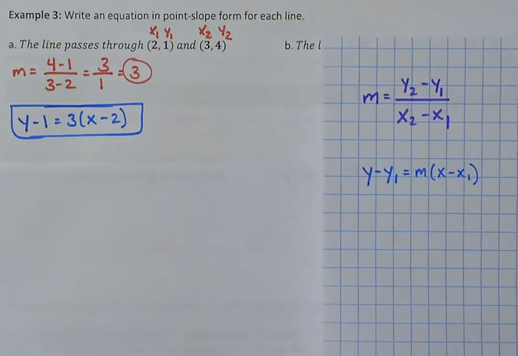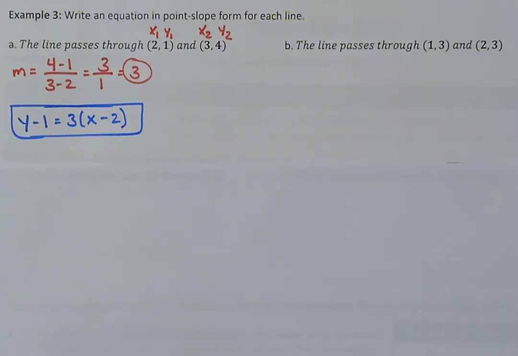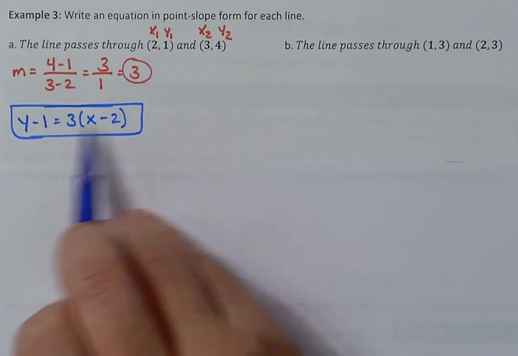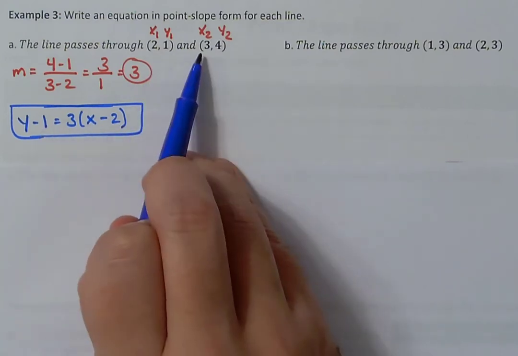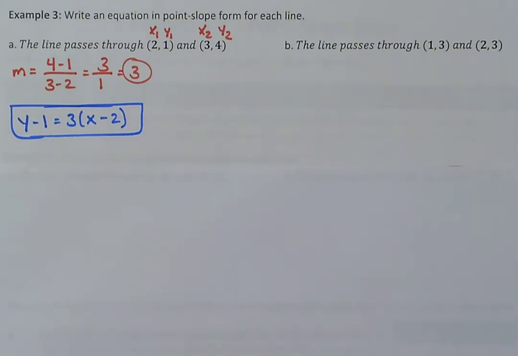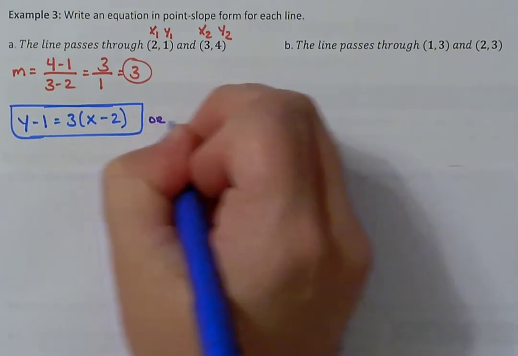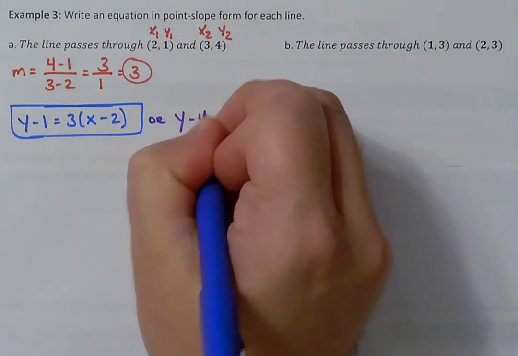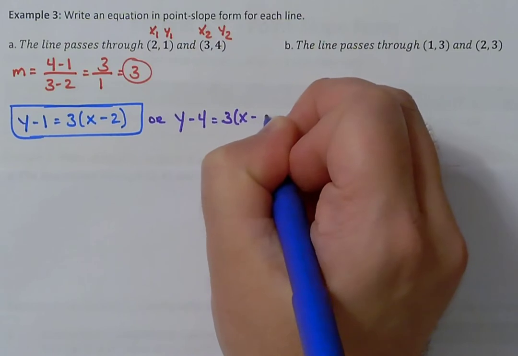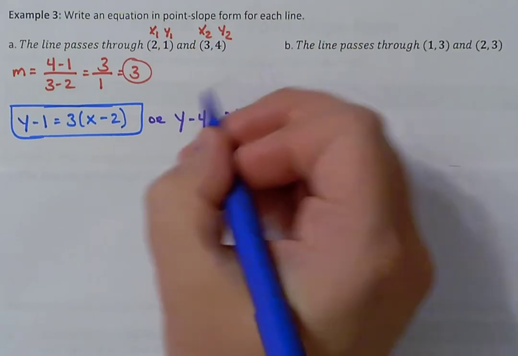Now, something I do want to address: it does not matter whether you use 2, 1 for your x1, y1, or 3 and 4 for your x1, y1. So my answer could also be y minus 4 equals 3 times x minus 3.